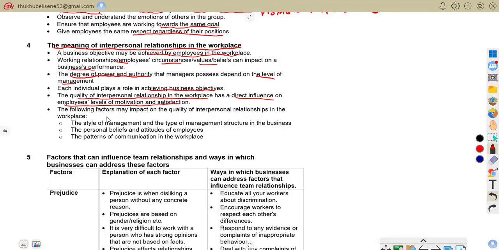Now, the following factors may impact the quality of interpersonal relationships in the workplace.